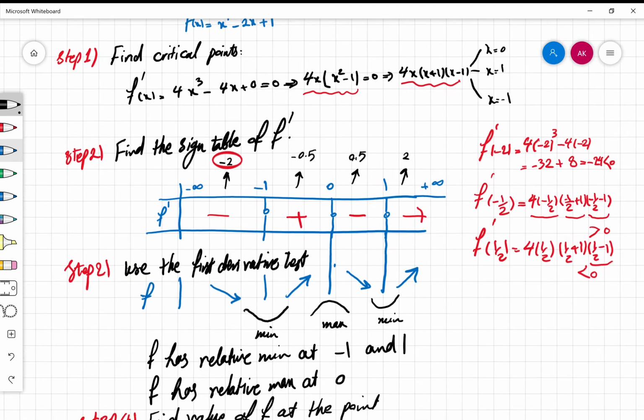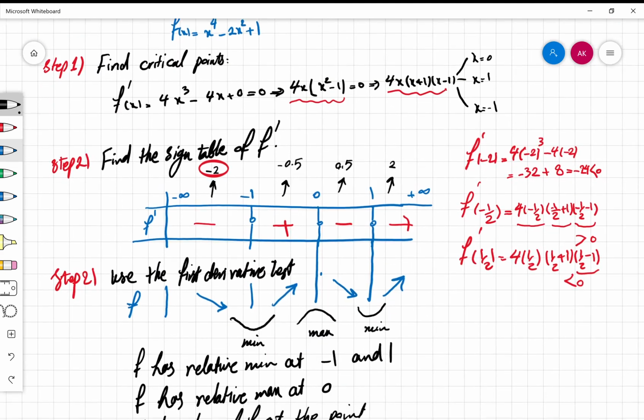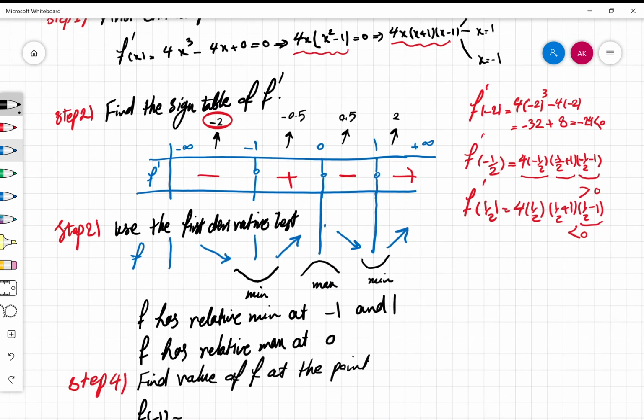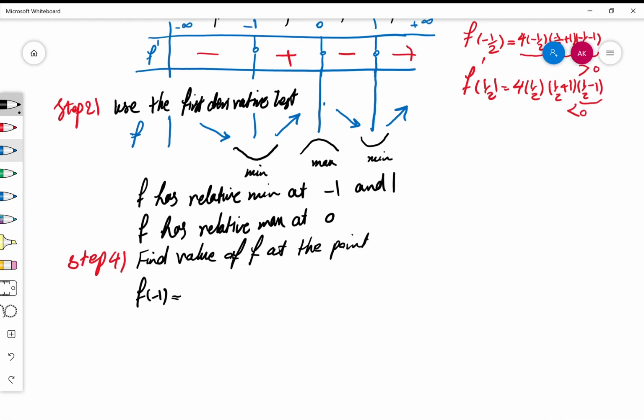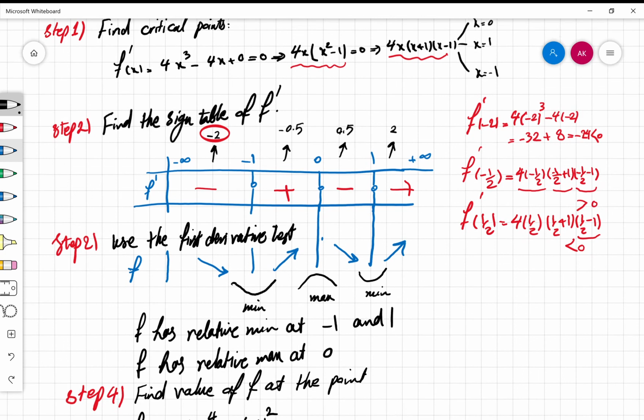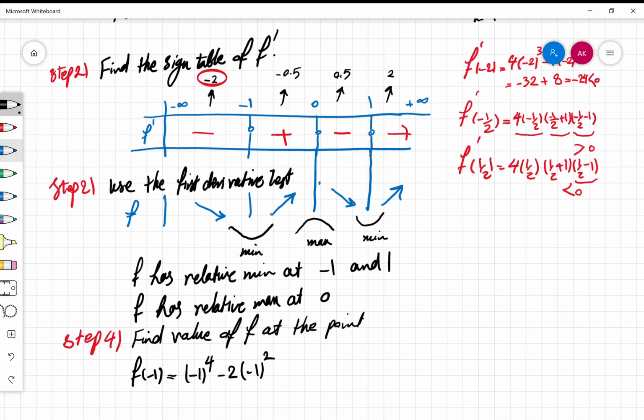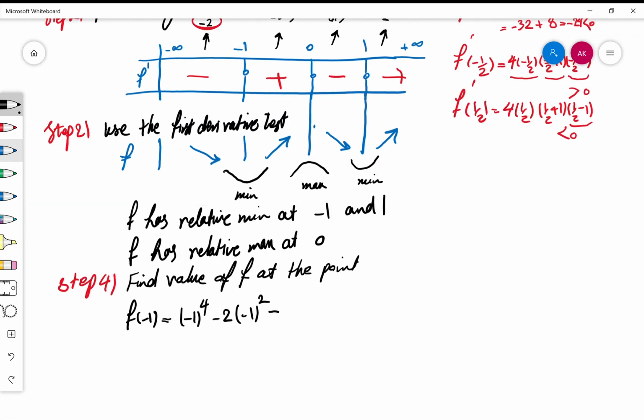Let me just go back to the function: x to the power 4 minus 2 x squared plus 1. So negative 1 to the power 4 minus 2 times negative 1 to the power 2 plus 1. This gives me 1 minus 2 plus 1, which is 0.